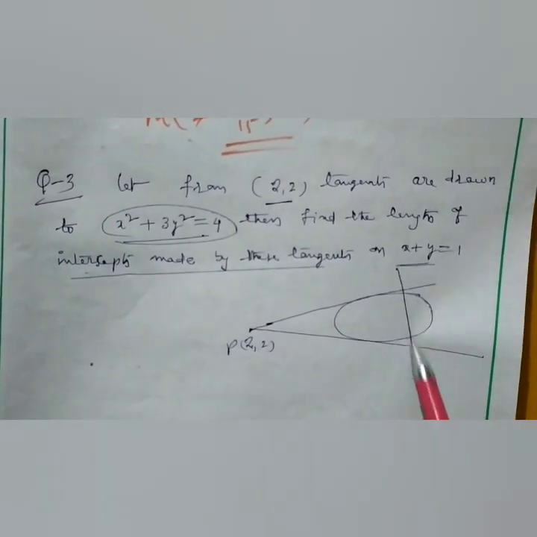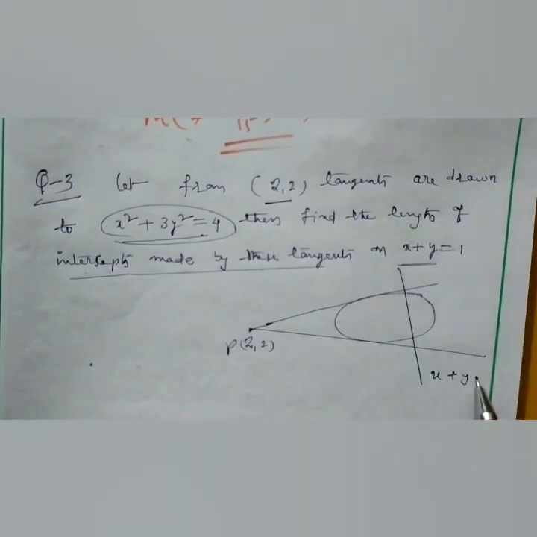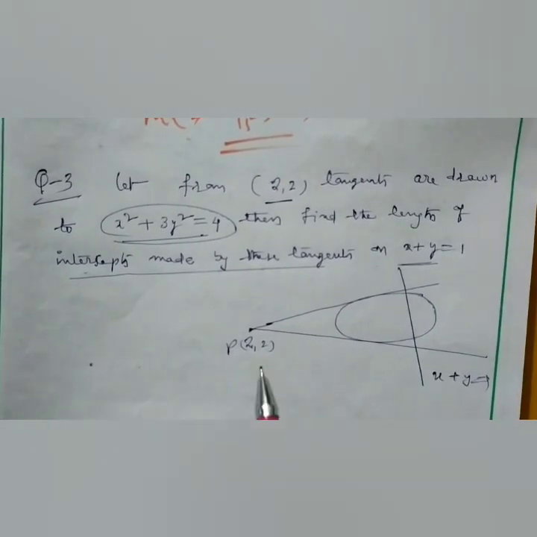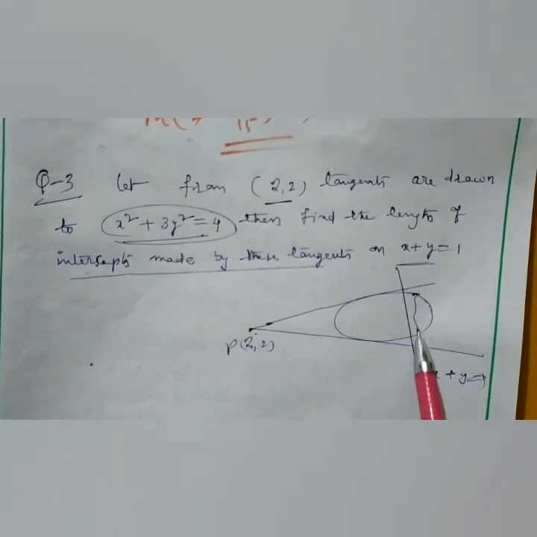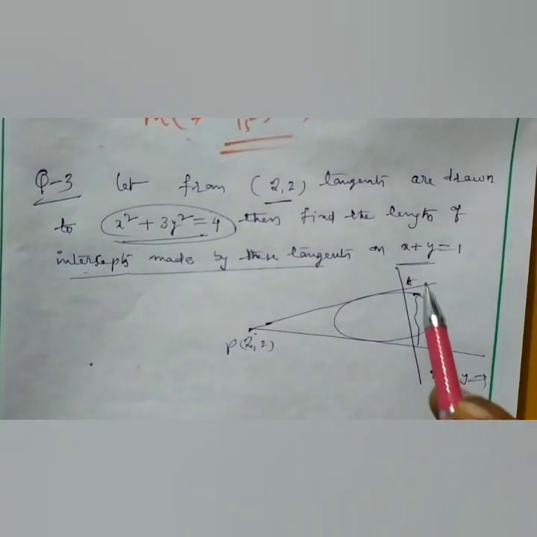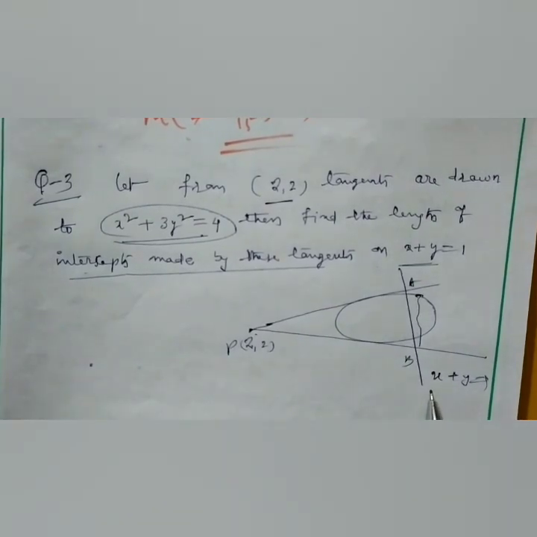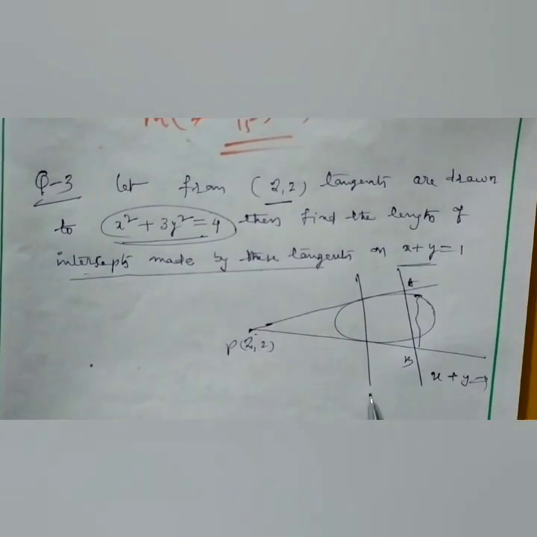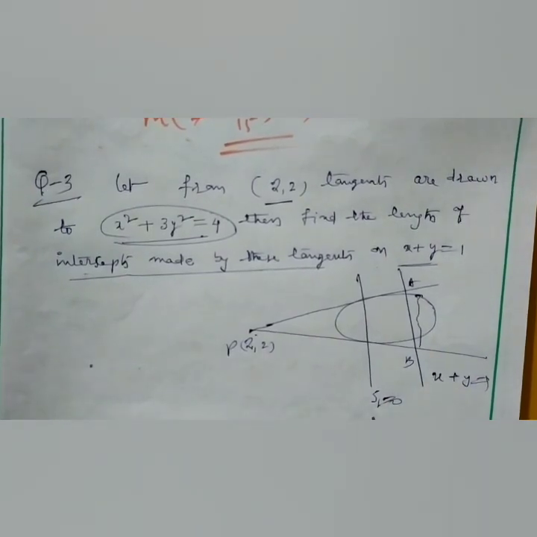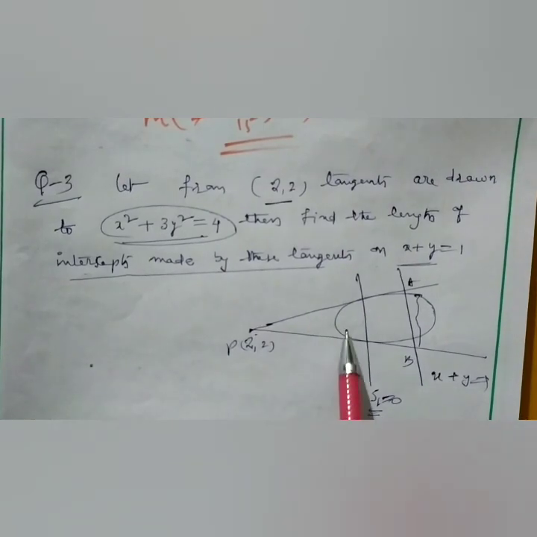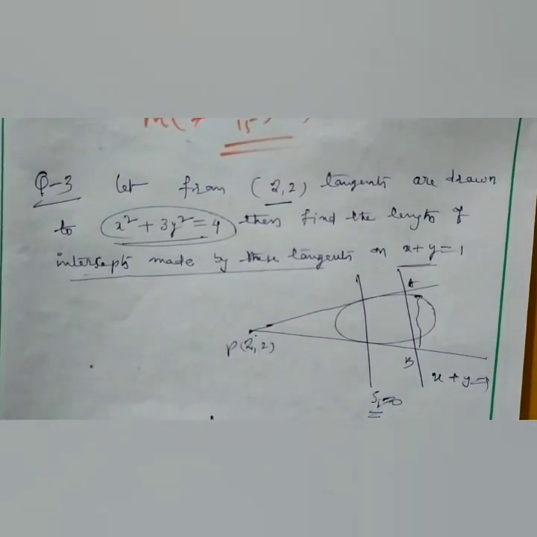That is, suppose x plus y is equal to 1 is a line. This pair of tangents intersects this line. That means this is A, B, but there is a chord of contact. S1 is equal to 0 is the chord of contact. S1 we can get by using the point and conic.